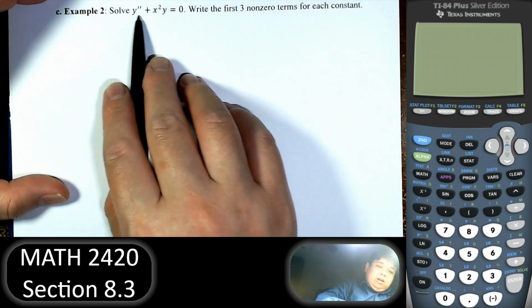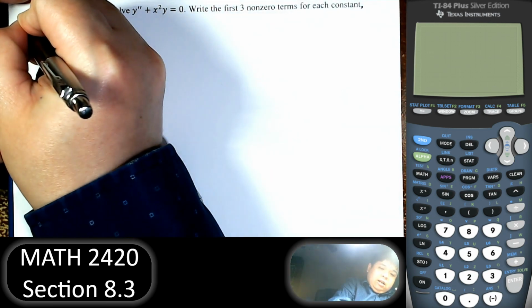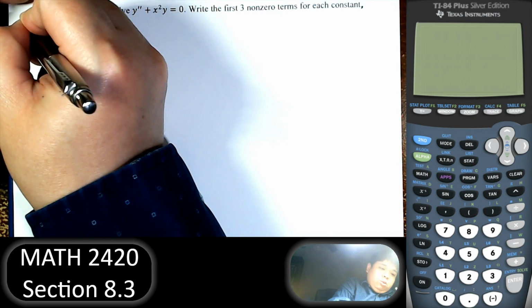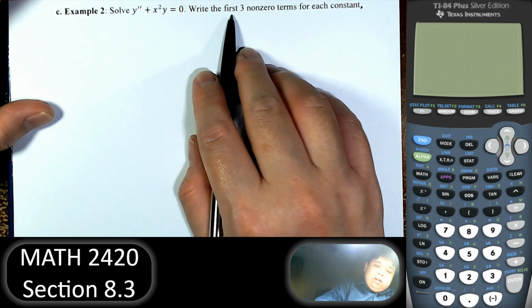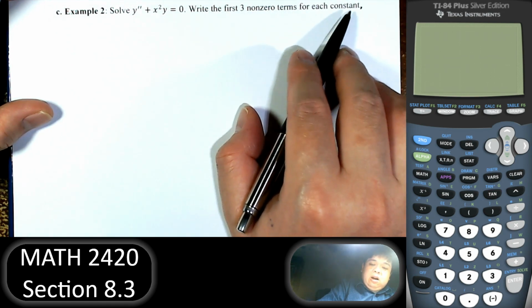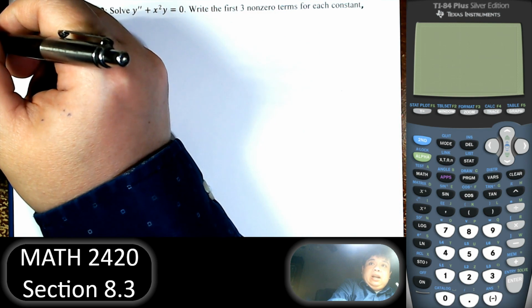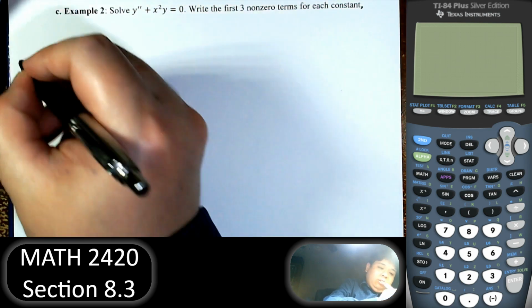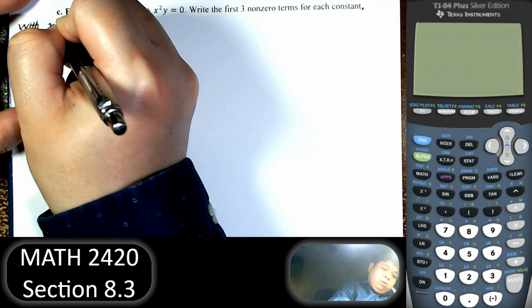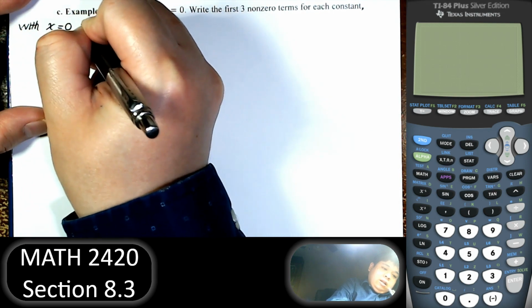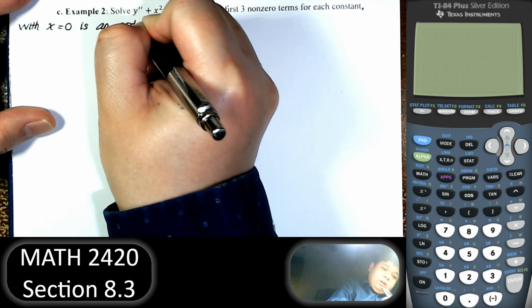So write the first 3 non-zero terms for each constant, assuming that x equal to 0 is an ordinary point.